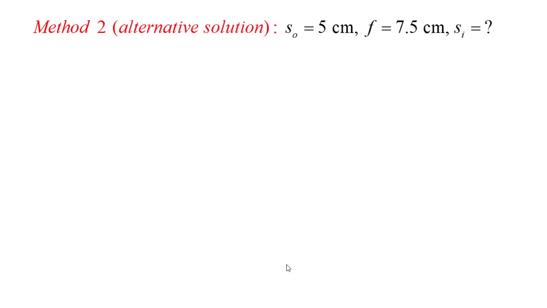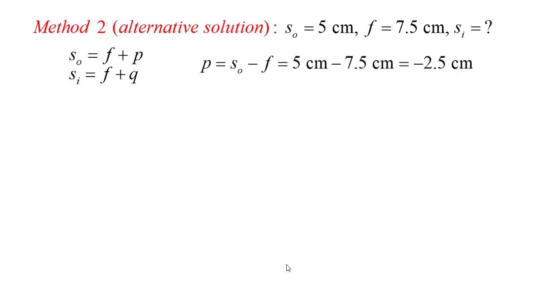The second method, using the alternative lens formula, still keeping S naught to be 5 cm, F 7.5 cm, and Si is required. We have S naught is equal to F plus P, and Si is F plus Q. Because S naught is F plus P, we have P is equal to S naught minus F, which is 5 cm minus 7.5 cm, which is minus 2.5 centimeters.